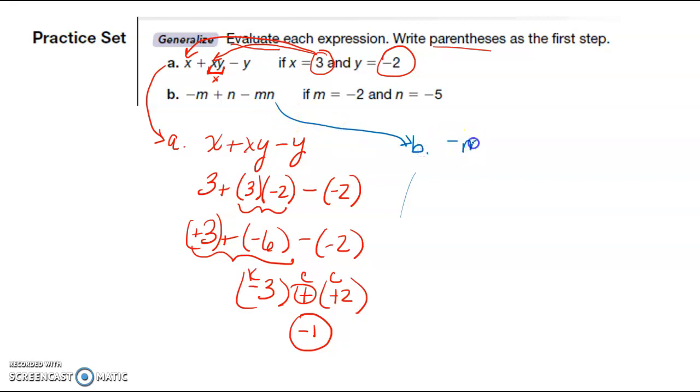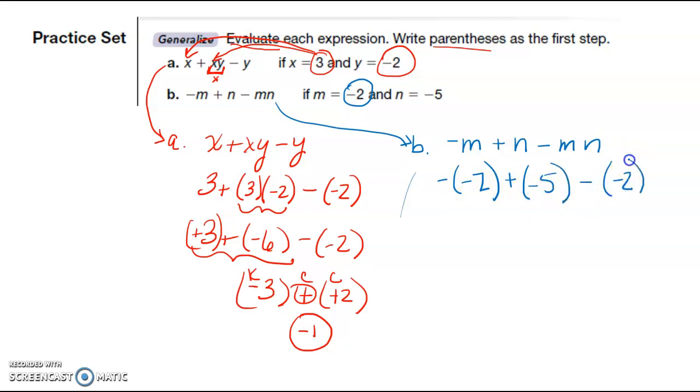So I have -m plus n minus mn. Okay, so here I have m is -2. So I have to plug that into m. You see I kept the negative on the outside there. Plus n is -5 minus -2 times -5.